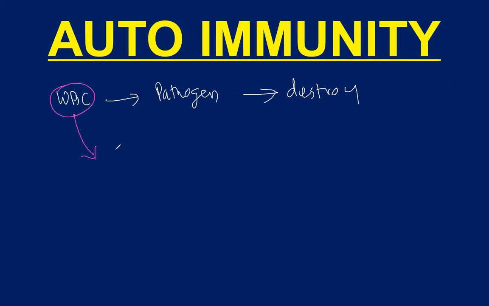White blood cells by mistake start attacking our own cells. It's a disease, as I told you. Reasons are genetic. Because of genetic reasons, white blood cells mistakenly attack our body cells. When they attack our body cells, what will happen? The cells are destroyed.